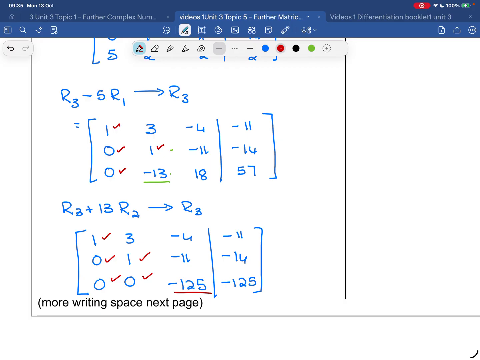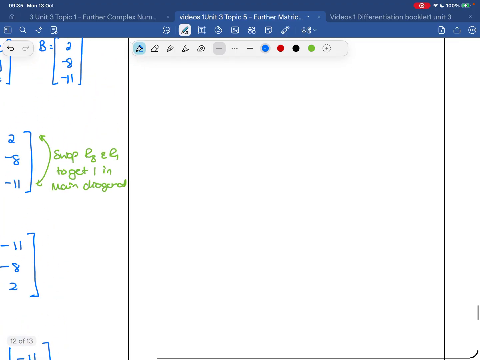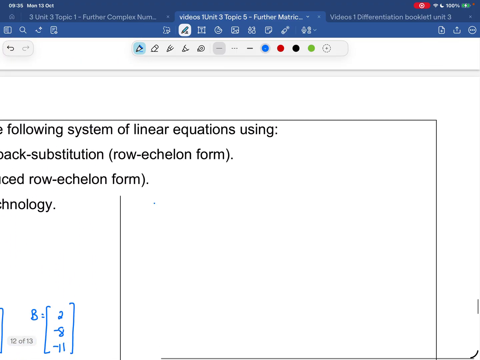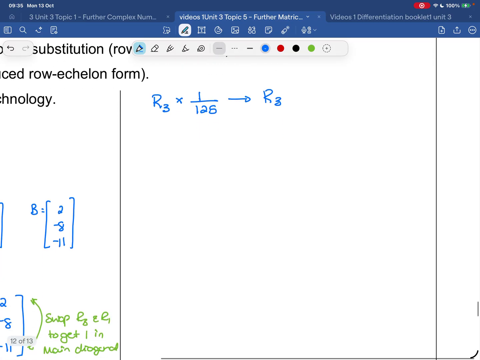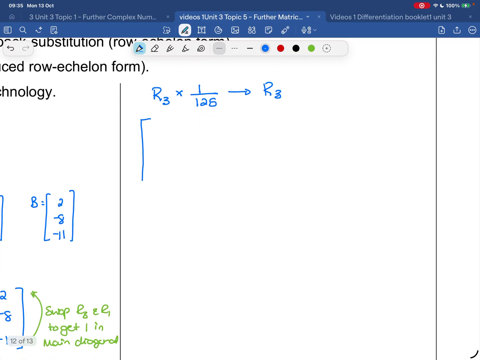And if I just divide both sides by negative 125 of row 3, I should be able to do that. So I'm going to say, well, row 3 multiplied by 1 over 125, and I'm putting that back into row 3. So I'm not touching row 1.